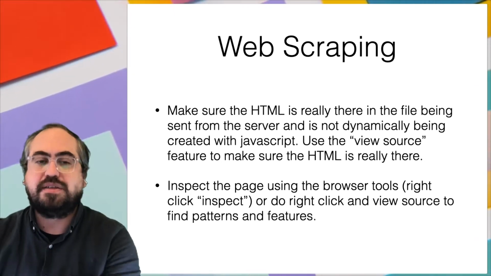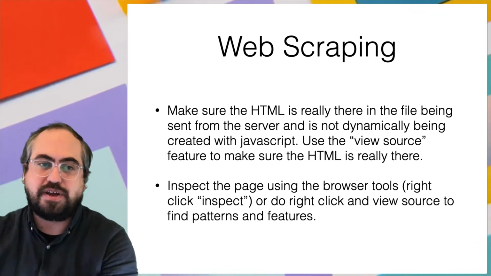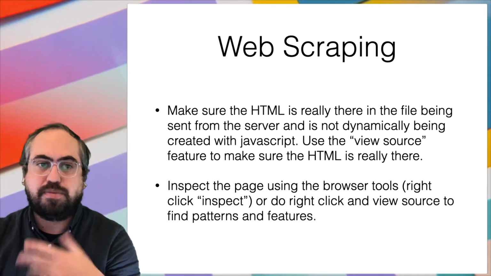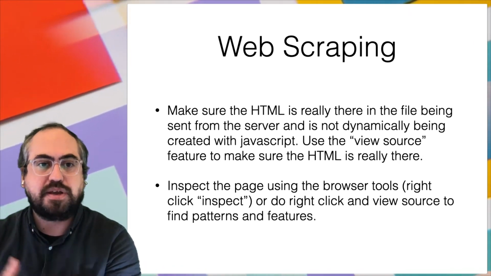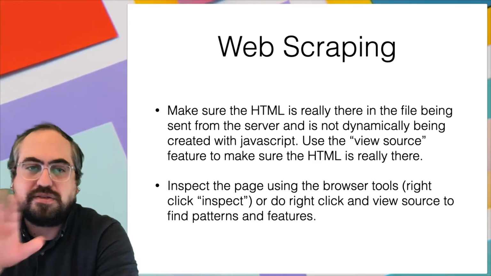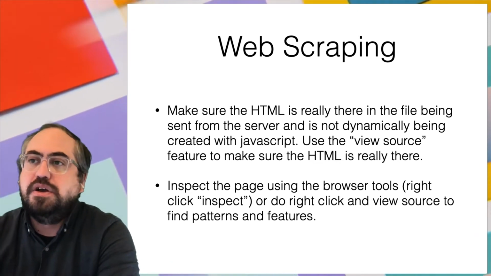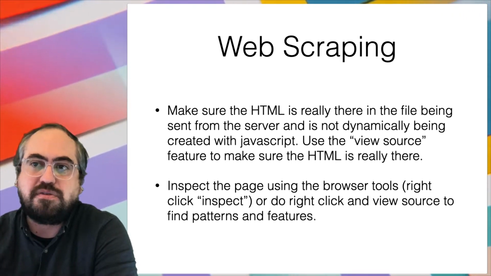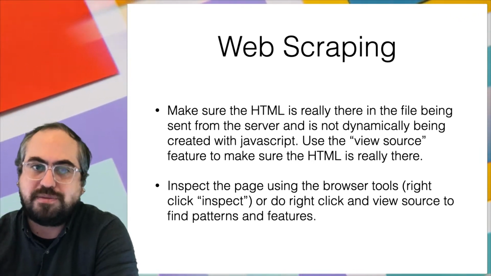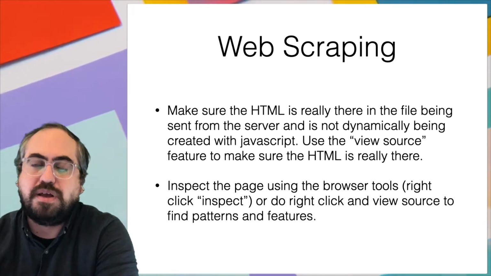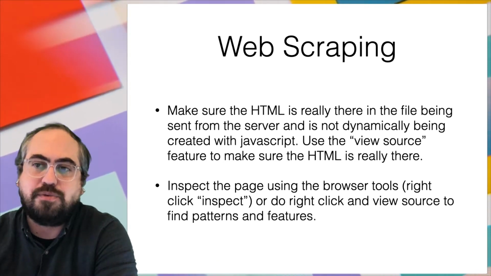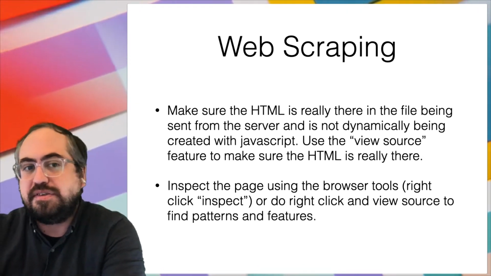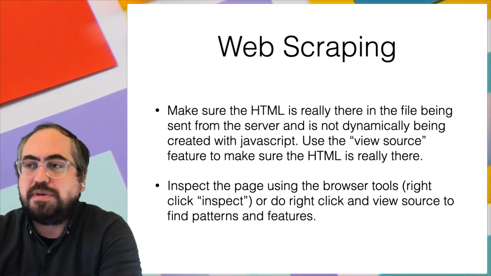A lot of web pages today will actually send a huge JSON package to your web browser, and that JSON file will build the website in real time in your browser, and then talk to the server when needed via JSON. So the way that we're interacting with these servers is that we're assuming the server is sending fully formed HTML pages to our browser, and in that case, we'd be getting fully formed HTML pages in our script. If that's not the case, then this approach of web scraping is not going to work.